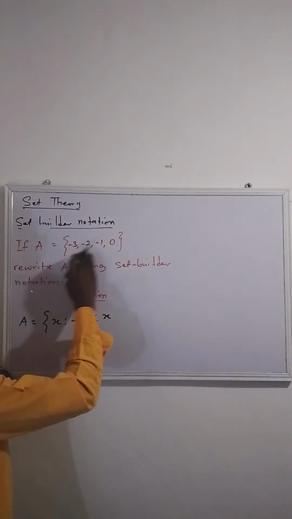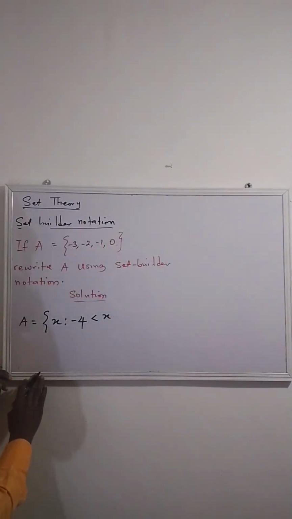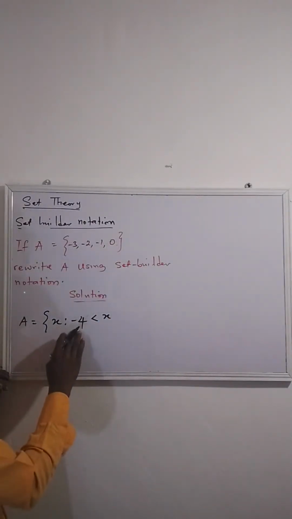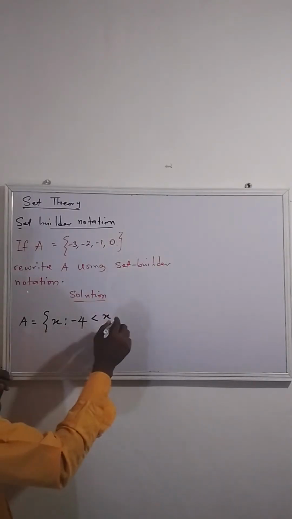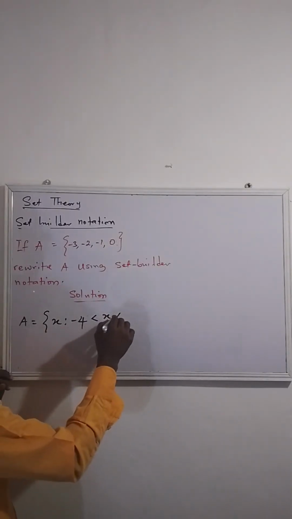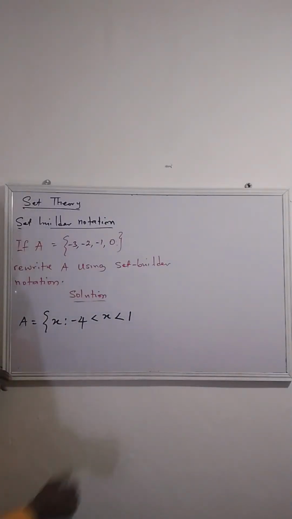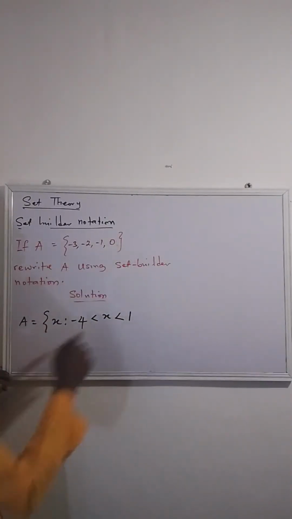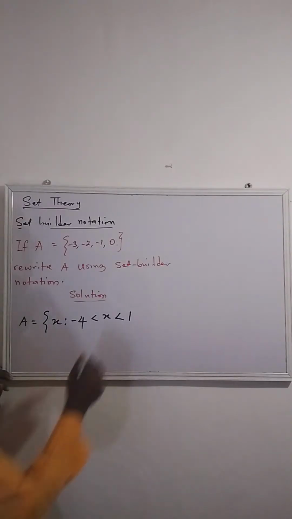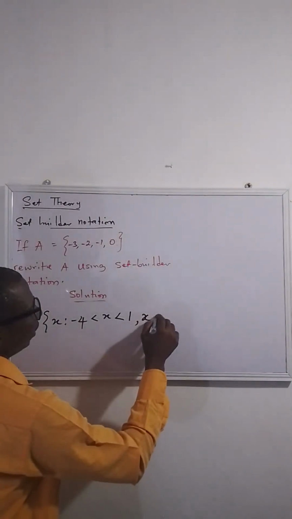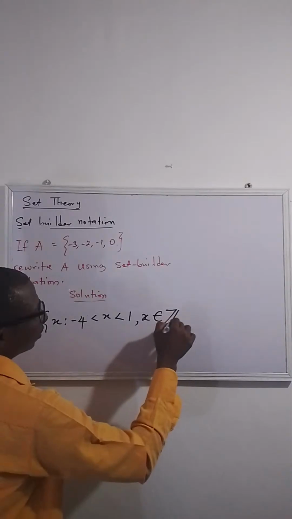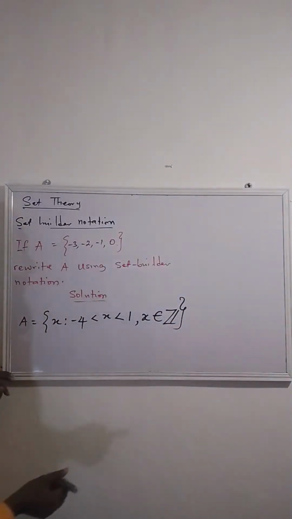You agree with me? Okay, so -4 is less than x, and x is less than 1. All of these are less than 1. Okay, so where x is an integer.